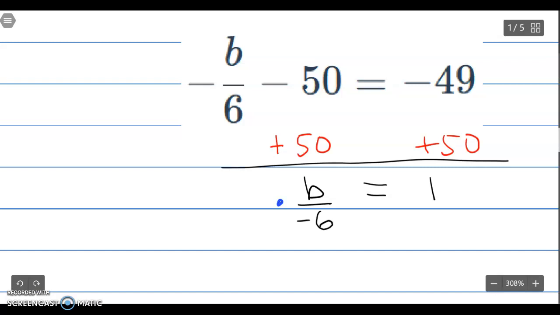So we're going to multiply by negative 6 on both sides. And then these 6s cancel out, leaving me with just b. And then 1 times negative 6 is negative 6.